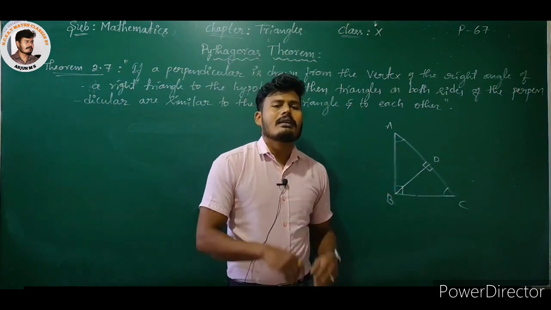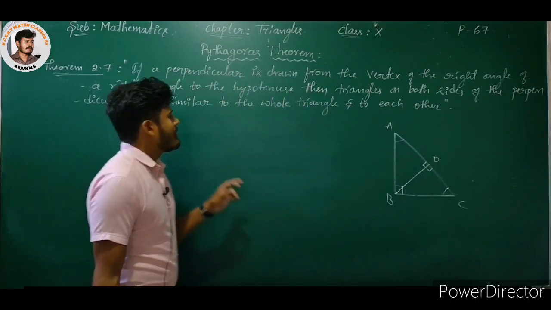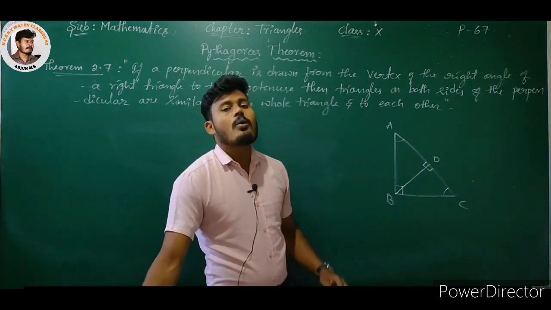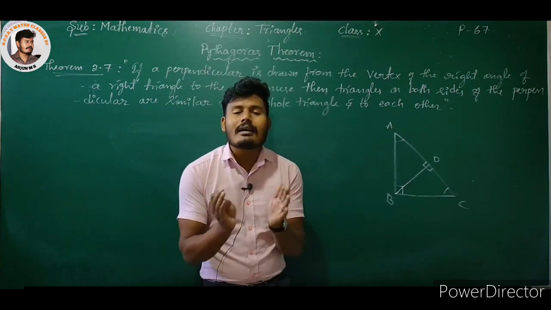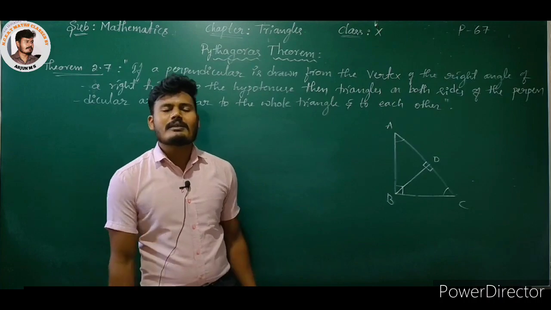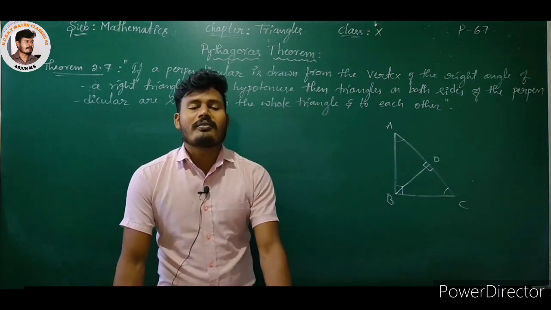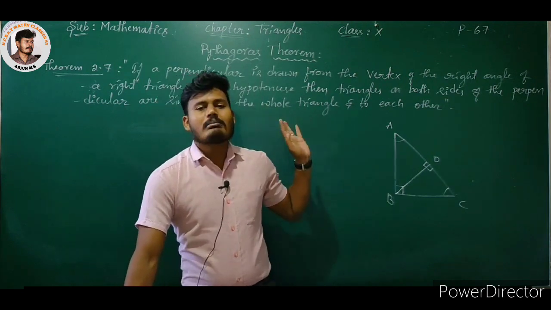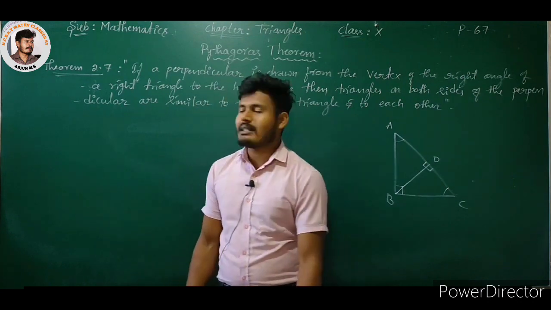These two triangles are present on either side of the perpendicular line. Those two triangles are similar to the whole triangle as well as similar to each other. So this is a very important statement for the upcoming proof of the Pythagoras theorem. I hope you all understand the exact meaning of this theorem, that is theorem 2.7.